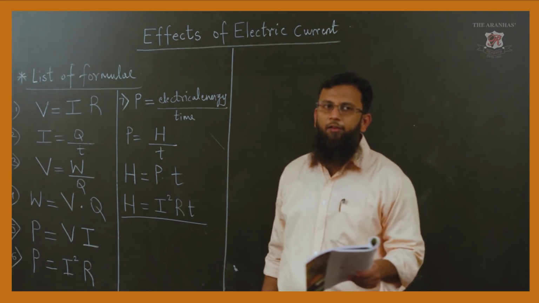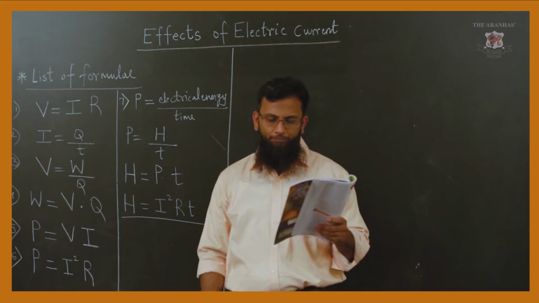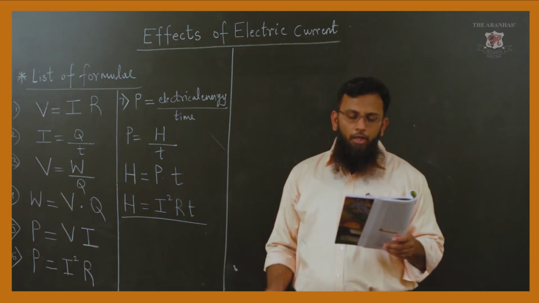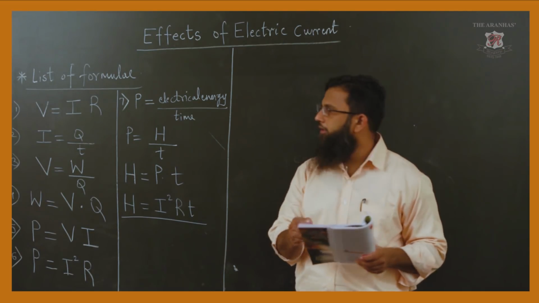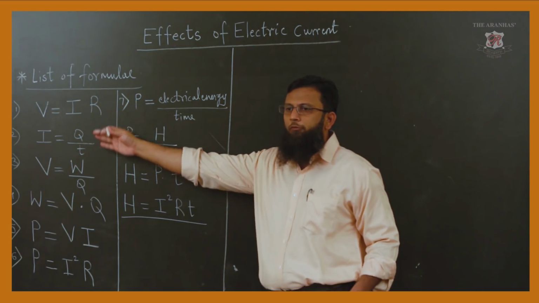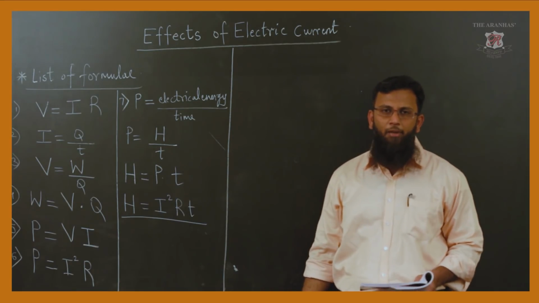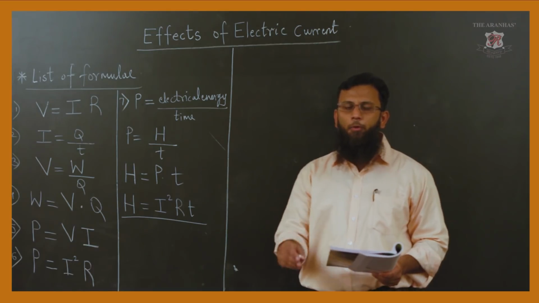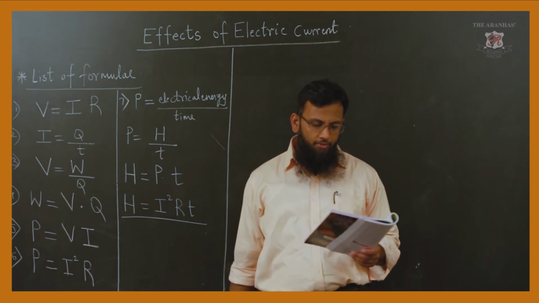One by one, we will try to cover all of them. I will read the question for you. Depending on the question, we will try to frame out which suitable formulas can be applied, and then we will directly substitute the values provided in the question to obtain the answer.